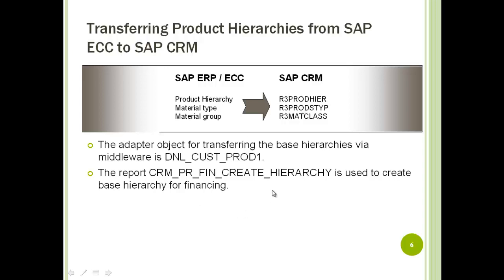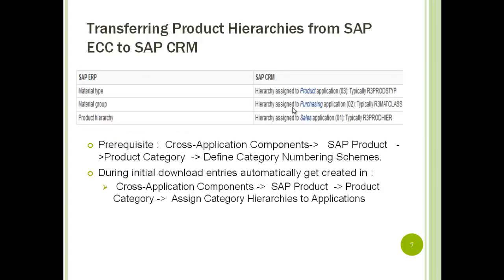Okay. So, we can use the report CRM_PRP_IN_CREATE_HIERARCHY to create the base hierarchy for finance. Okay. Now, R3PRODSTYP is the default base hierarchy, and the products that are loaded to the CRM system from the ERP system must belong to at least this base hierarchy. Okay. The assignments to other hierarchies are optional.